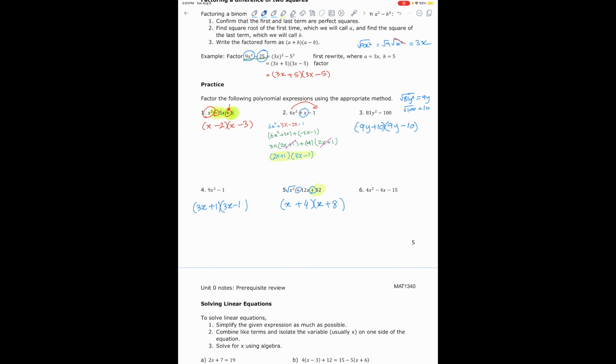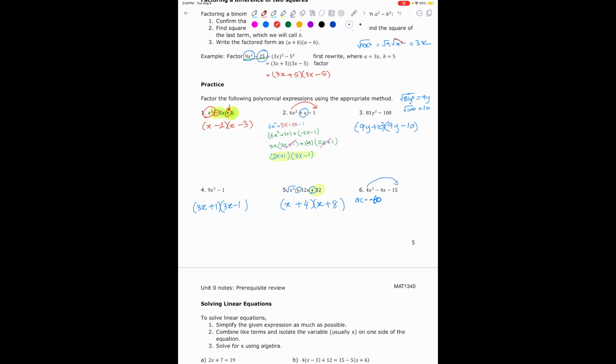The last one, the leading coefficient is not 1, so I will have to find AC. AC in this case is equal to negative 60. Now, I need two numbers. If you multiply them, you get negative 60, and if you add them, you get negative 4. So the first thing that comes to mind is, let me write all of the factors actually.